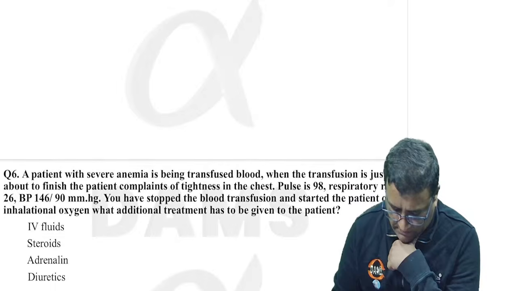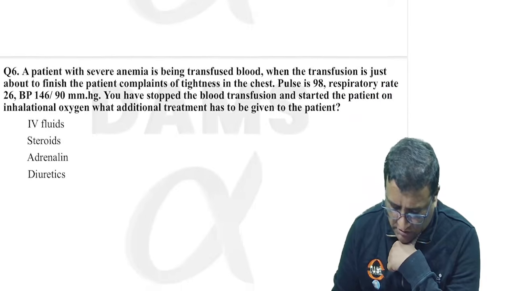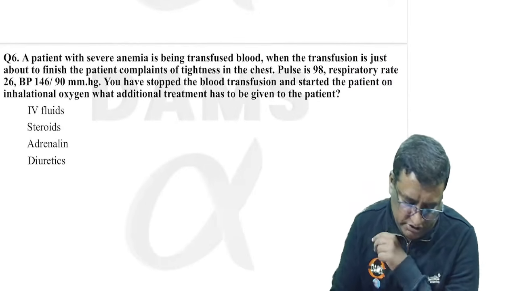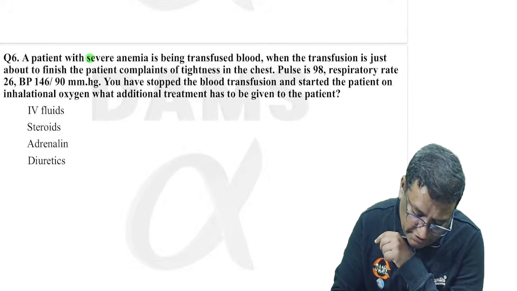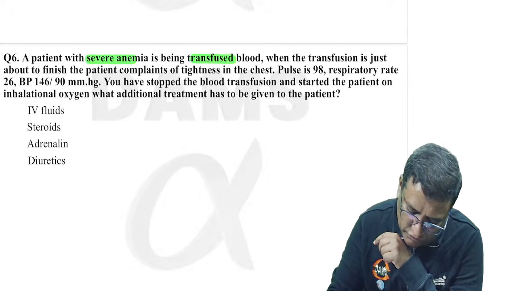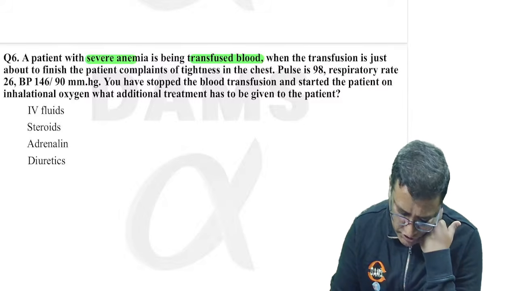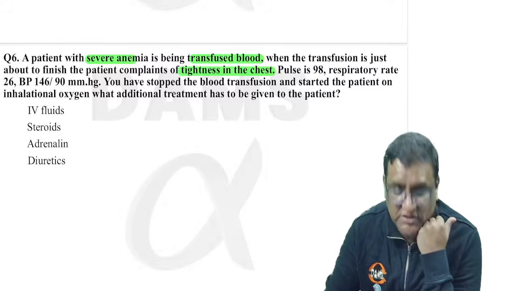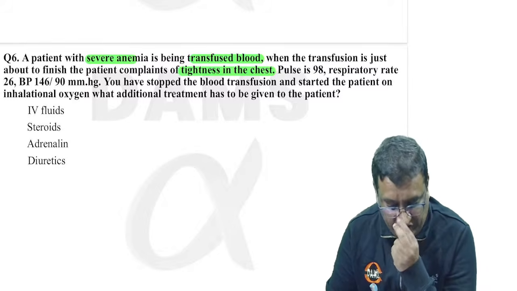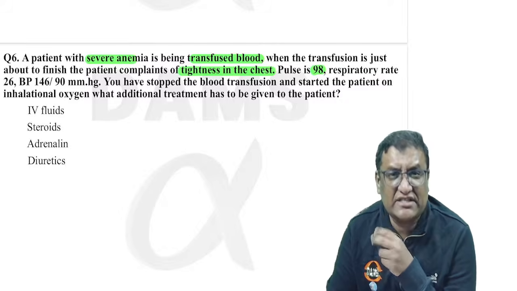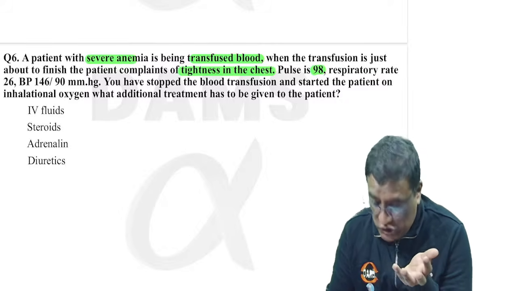Next question. Okay, look at this question now. What does this question say? A patient with severe anemia is being transfused blood. When transfusion is just about to finish, the patient complains of tightness in the chest. Pulse is 98, slightly elevated, I guess. Baseline we do not know.